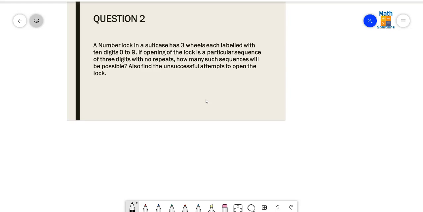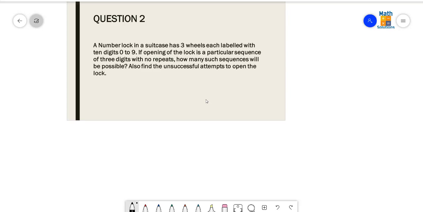If opening of the lock is a particular sequence of 3 digits with no repeats, means for opening the lock a particular sequence of digits will be needed. In our words we can consider this to be the password. Okay. So in that password there should not be any repetition of the digits.